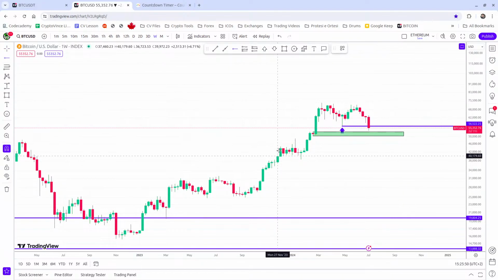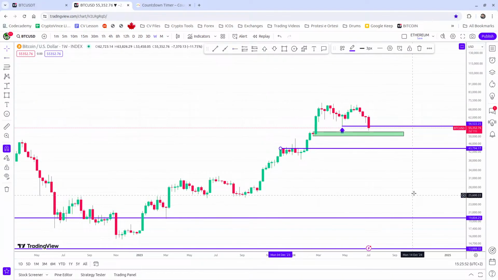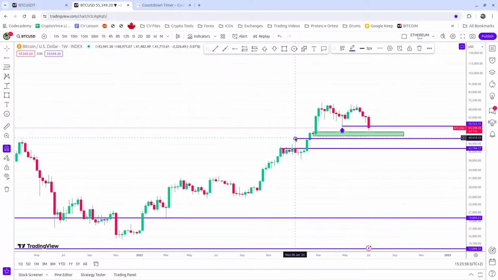Lower than that, we would have a candle close at 43, and just a wick that might do something around 48k. So far, we have nothing bullish other than the trend itself.